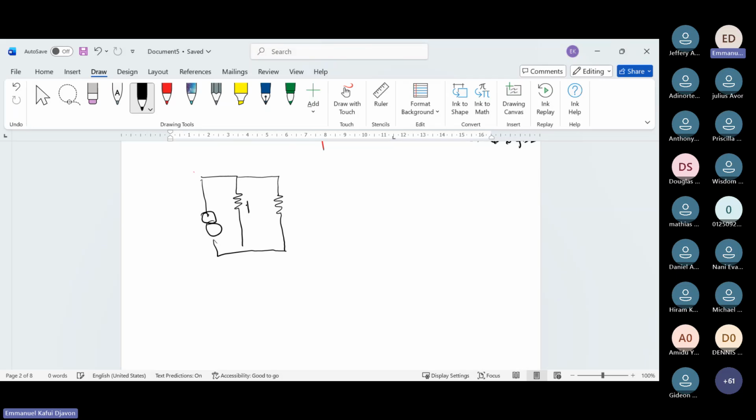This is your RN. This is your load resistor. This is your current. When you look at our calculation, we got 6.67 ohms, and the RL here is 40 ohms, but the current is 2 amps.